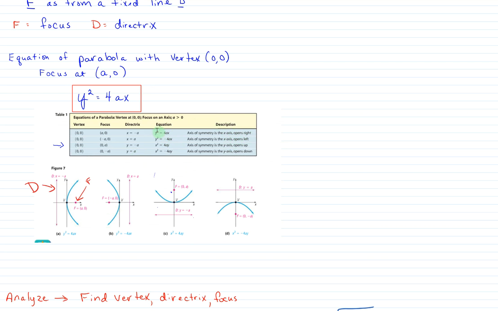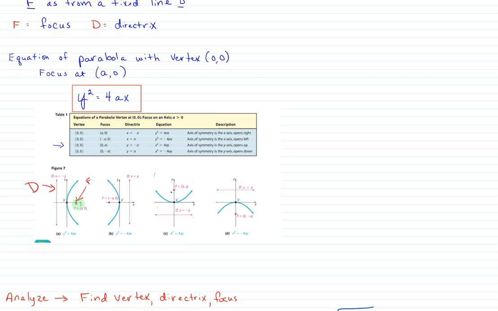So your basic equation, y squared equals 4ax, is going to be this one where it opens to the right. And if you have that one, the directrix is x equals negative a, and the focus is a, 0. The focus is always inside the parabola. So here we have a comma 0.